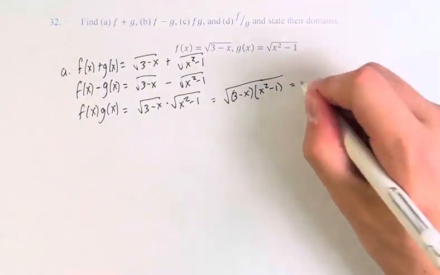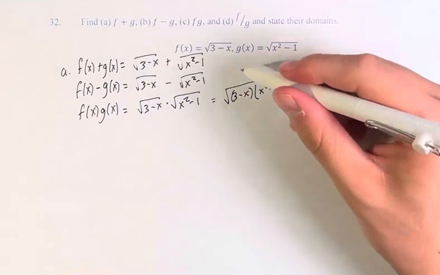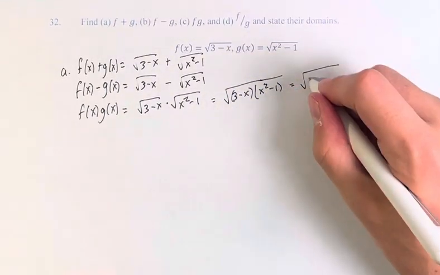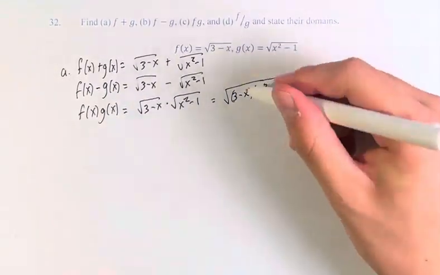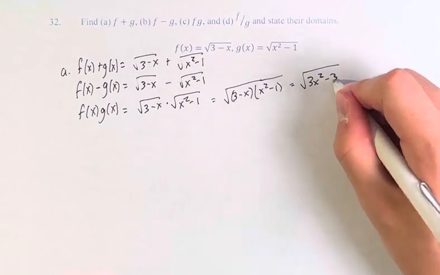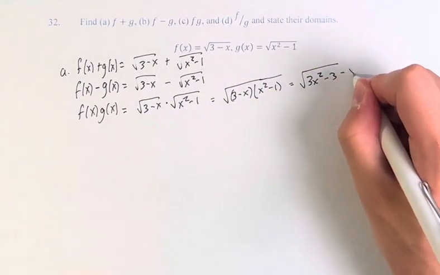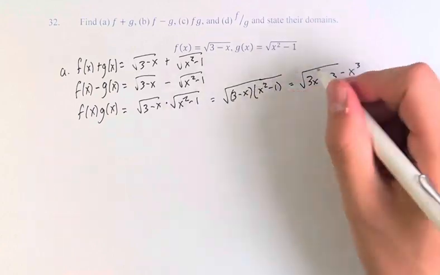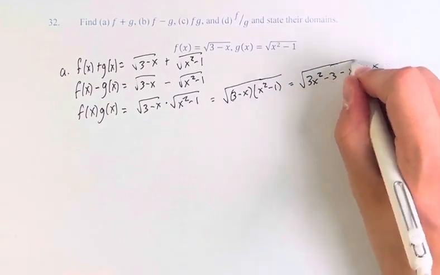And we are going to simplify this to be 3 times x squared minus 3 times 1 minus x times x cubed. Sorry, x times x squared is x cubed minus 1 times x.